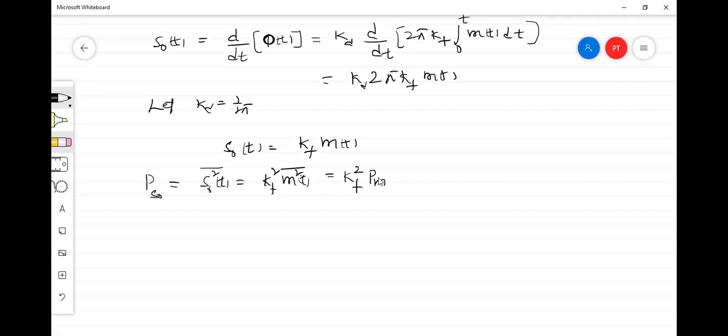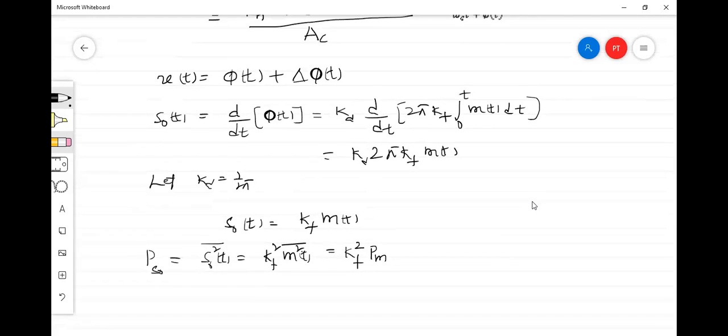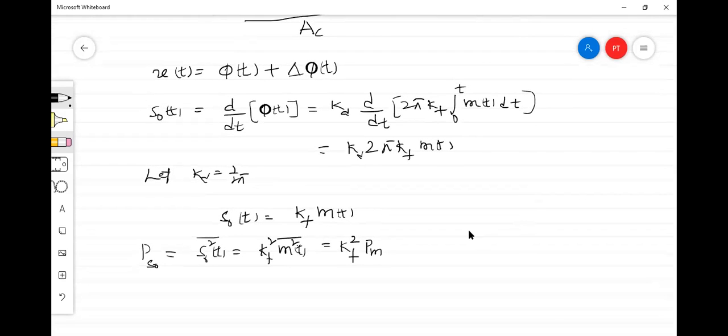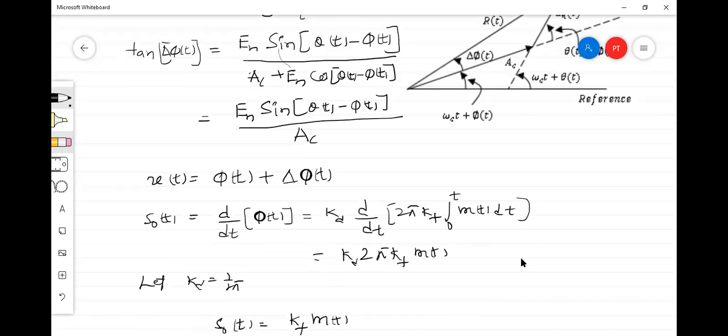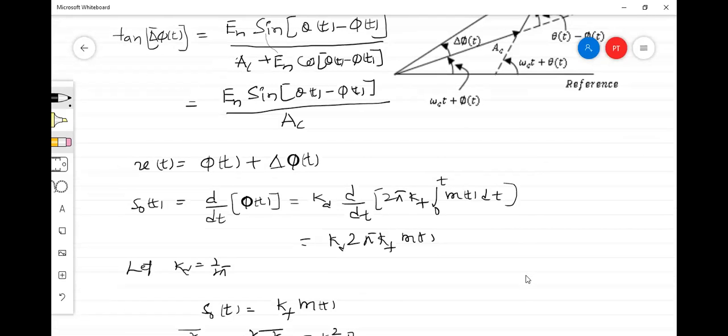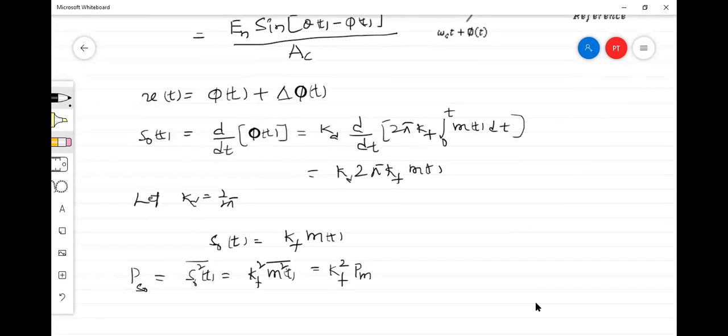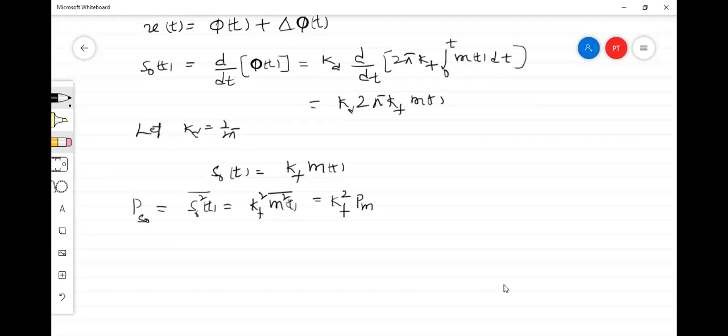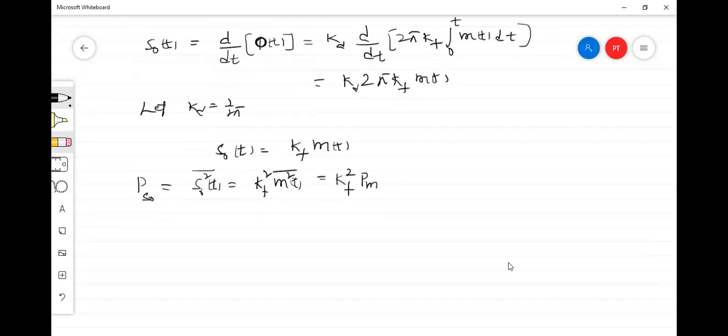In the same fashion, we need to find out the output noise power also. But instead of finding the output noise power from its noise power spectral density, we will find the noise power spectral density at the input of the differentiator. Then by using the transfer function of the differentiator, we'll find the noise power spectral density at the output, and from that we can calculate the output noise power.